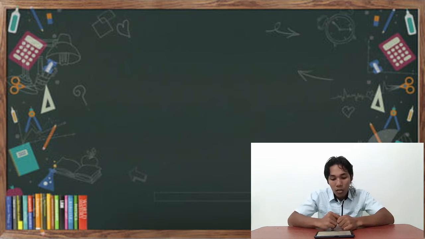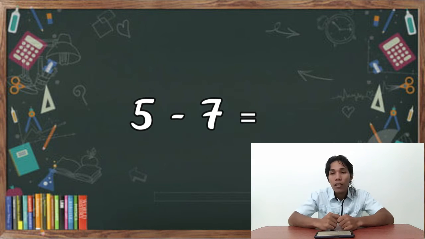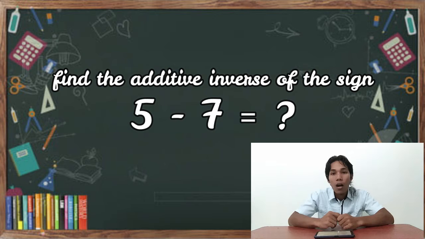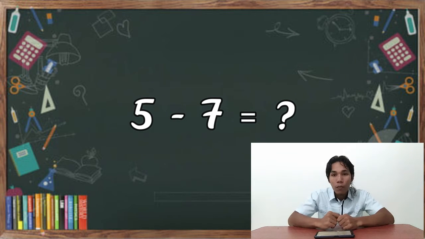Okay, so let's go to another example na mas maliit yung minuend. 5 minus 7. So paano natin ito isa-subtract? We are going to find the opposite or the additive inverse of the sign. 5 minus 7, so ano ang opposite ng minus?